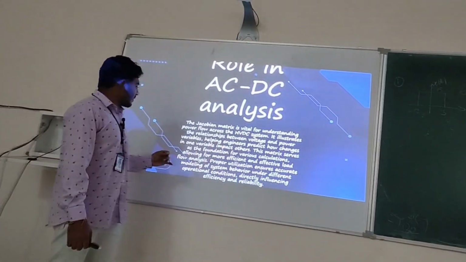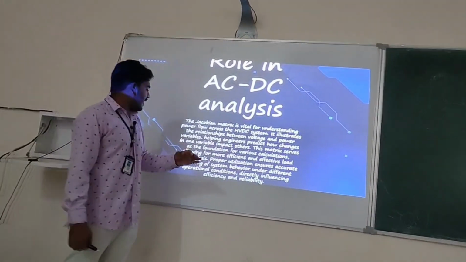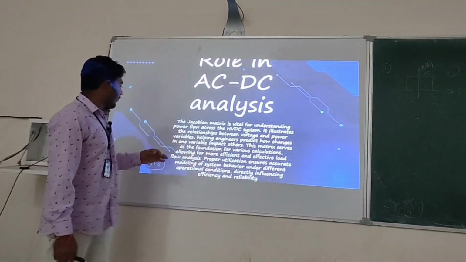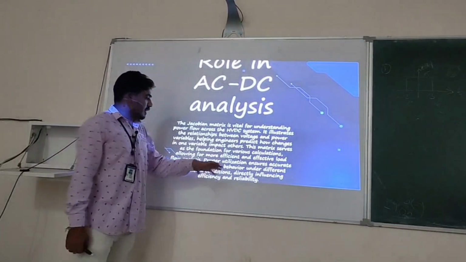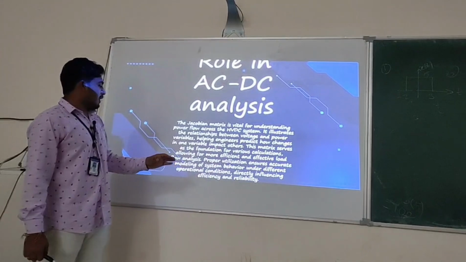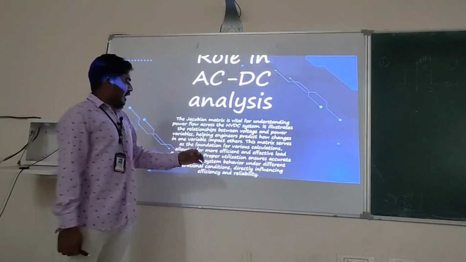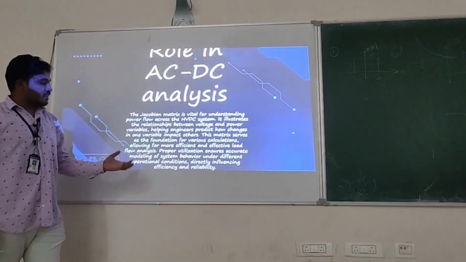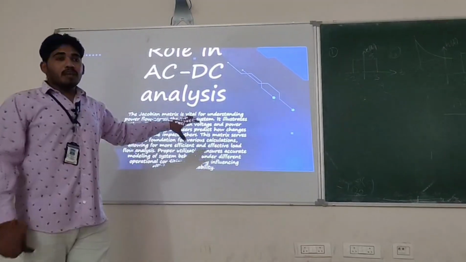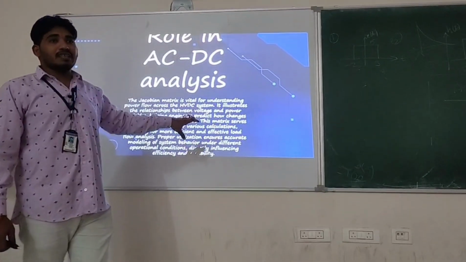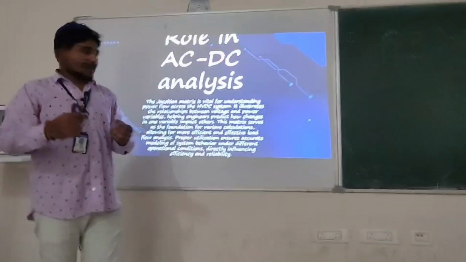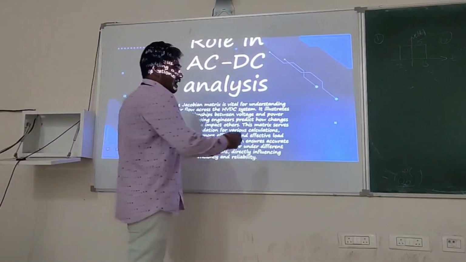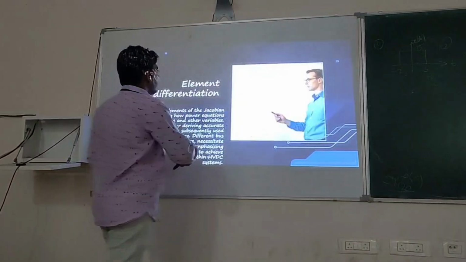This matrix serves as a foundation for various calculations, allowing more efficient and effective load flow, and ensures accurate modeling of system behavior under different operational conditions, directly influencing efficiency and reliability. So by using these Jacobian matrices, we can predict all those things. That is one of the main uses.